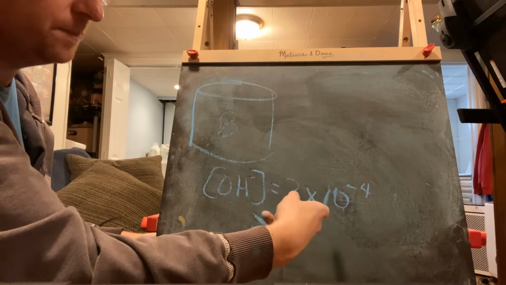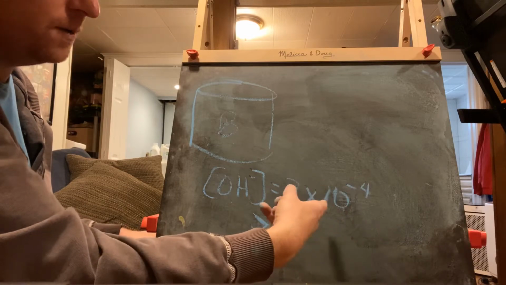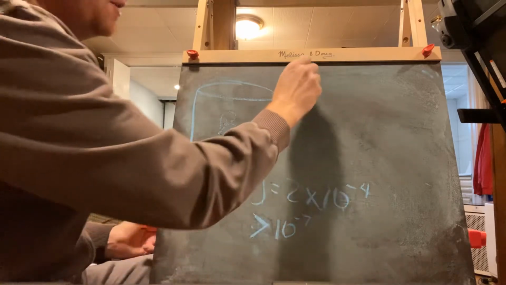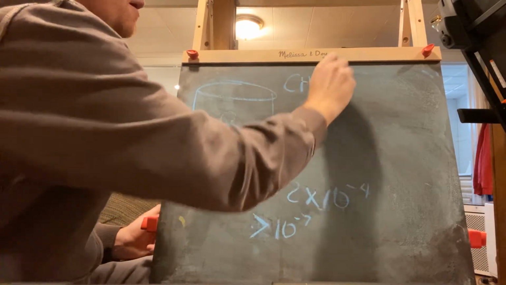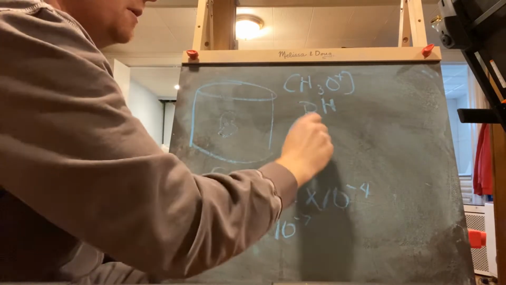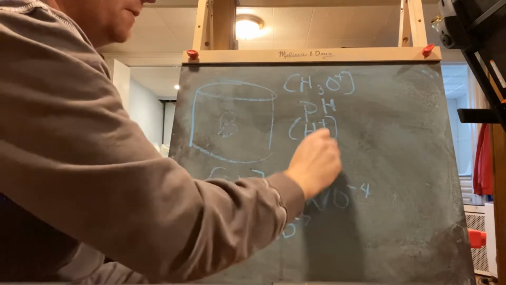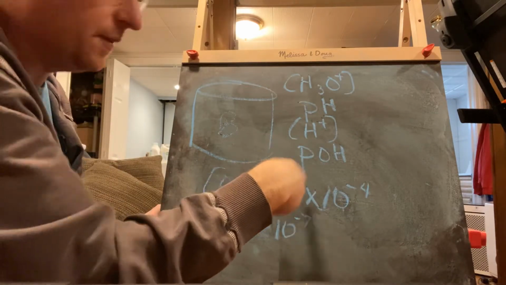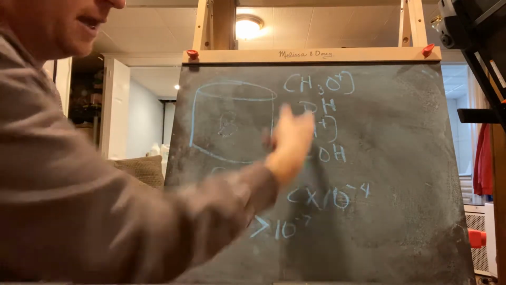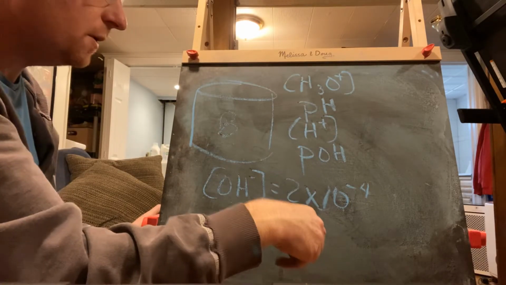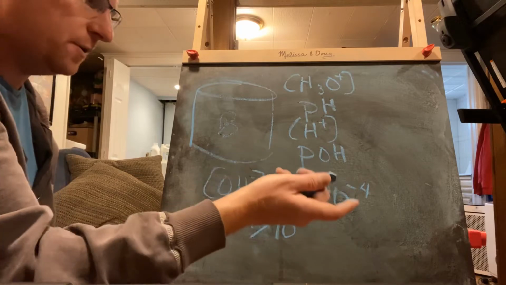So let's calculate it here. If I wanted to solve for H3O plus, pH, H plus, and pOH, all you need is one thing, and then you can calculate all the other four. Because that's how this works.